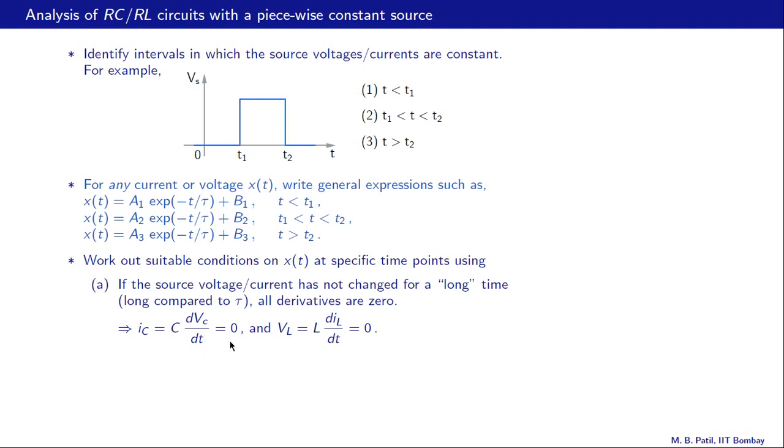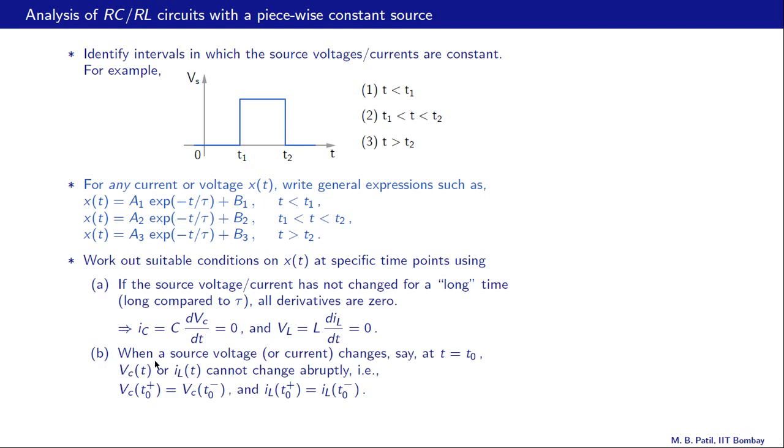So the capacitor can be treated as an open circuit, and the inductor voltage, which is given by L dIL/dt, must also be 0, because IL would have become constant. That means the inductor can be replaced with a short circuit, since the voltage across the inductor is 0.